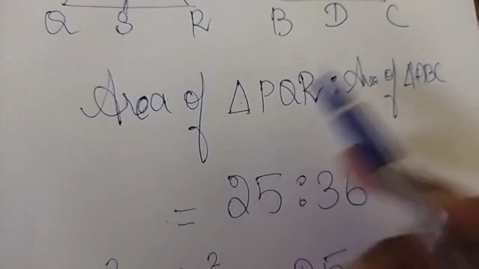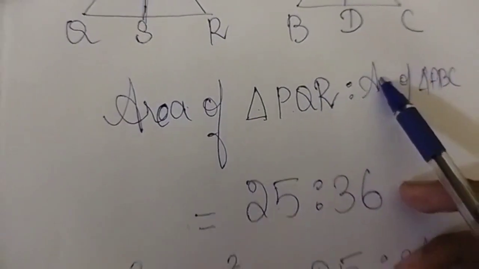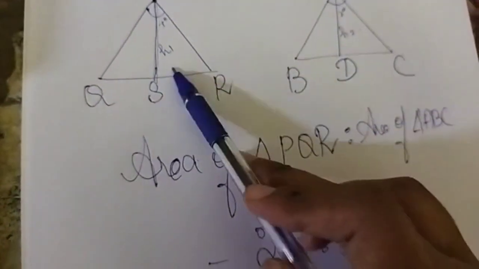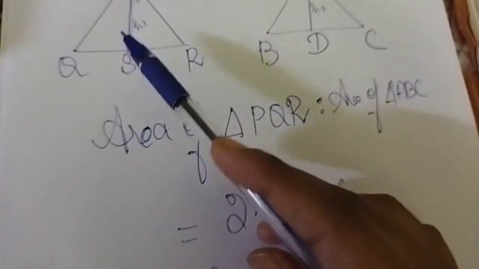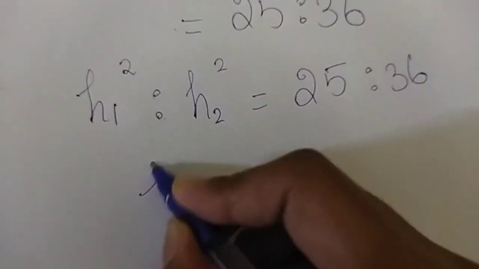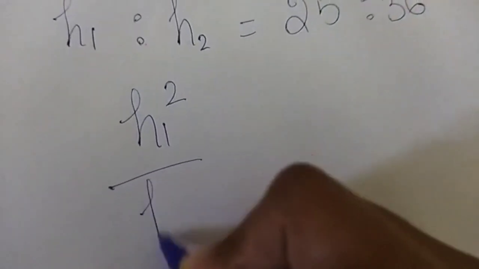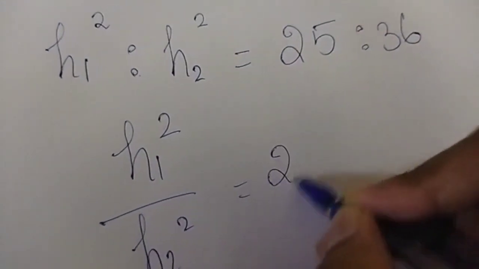So we can write h1 square by h2 square is equal to 25 by 36.